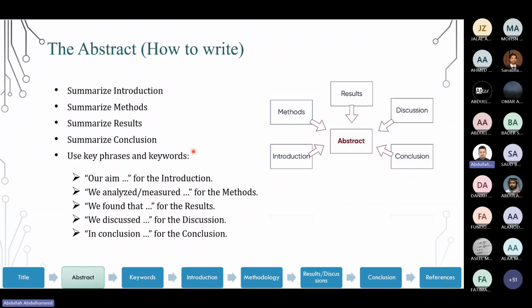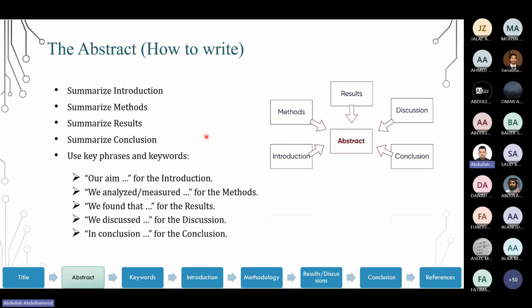Maybe by today's session you might refresh your mind, see if you missed something you want to update or improve. But I believe this session is compulsory for people who received the email; they should attend. However, I prefer to take questions at the end. We can have half an hour for discussion, or if any of you wants a suggestion or wants to ask about his paper, whether it is right or not, we can do that inshallah in the last half hour.